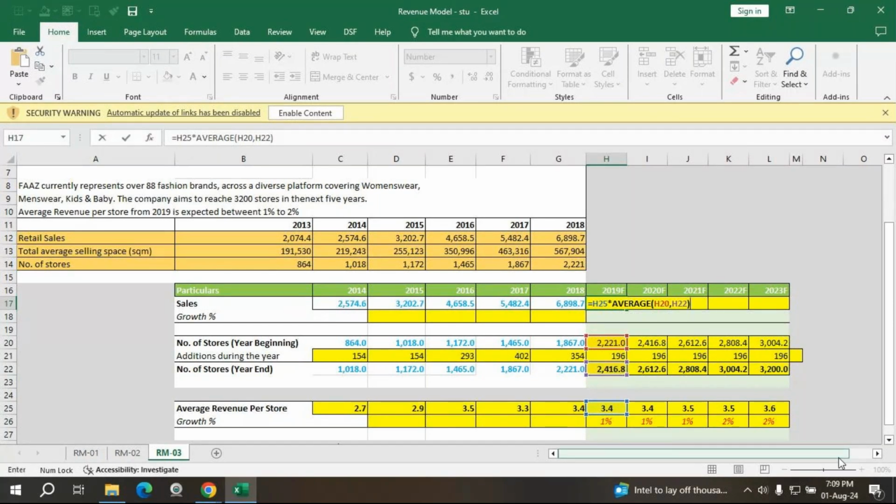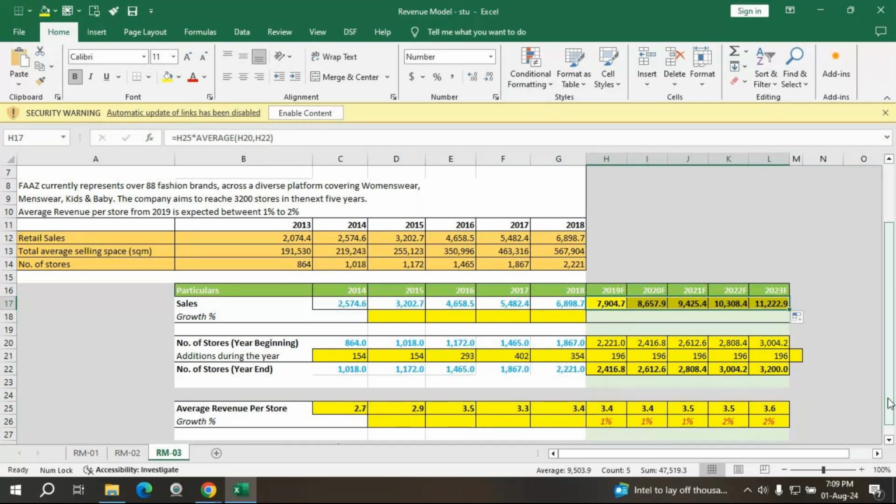Okay, so 3.4 is the average revenue per store into the average of the opening number of stores and closing number of stores. So this is what it is.